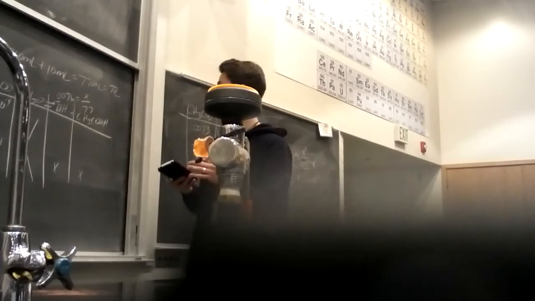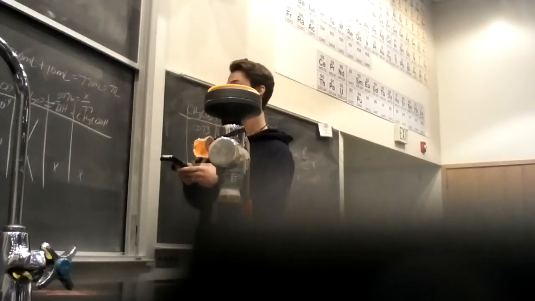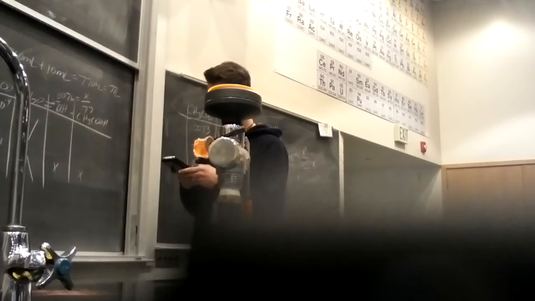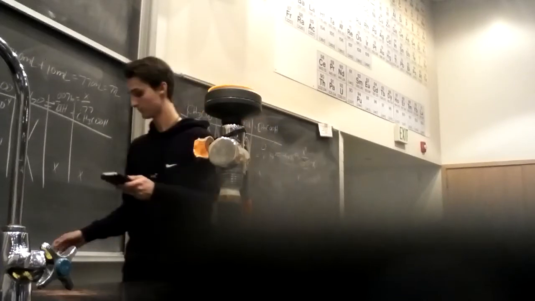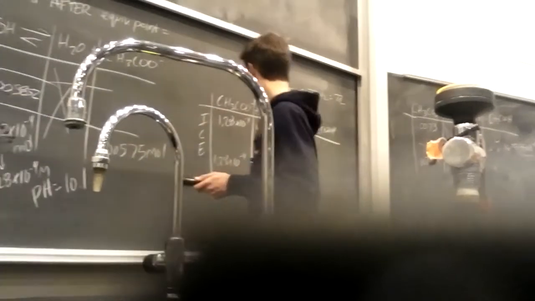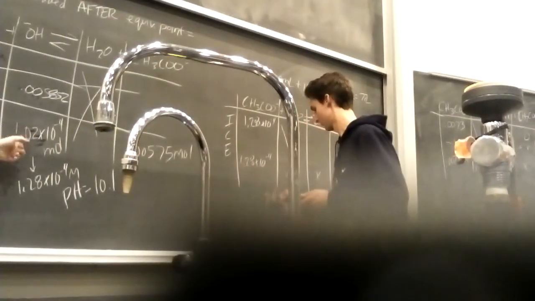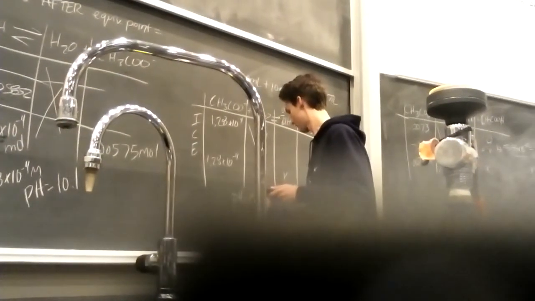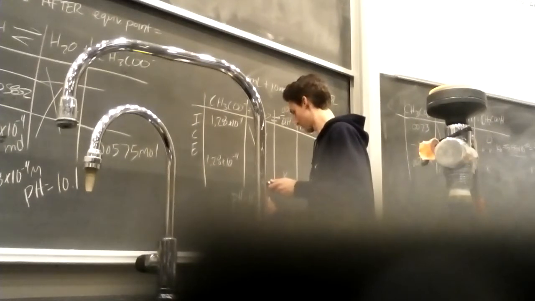And it should be above 7 if we're taking a weak acid and titrating it with a strong base, which we got. After equivalence point, we get this whole setup where we are left with a little strong base. So that's why in our titration graph, our pH is approaching the pH of a strong base. It's approaching this amount because we're getting to the point where we basically have the pH of a solution with just this in it, because there's so much of it getting left over now. Okay? Hopefully that makes sense.